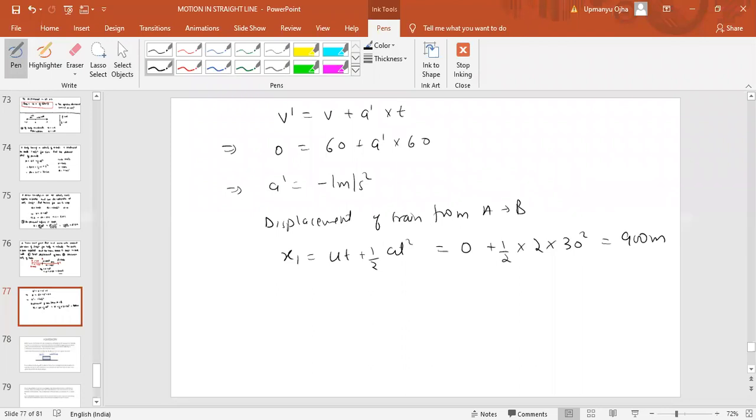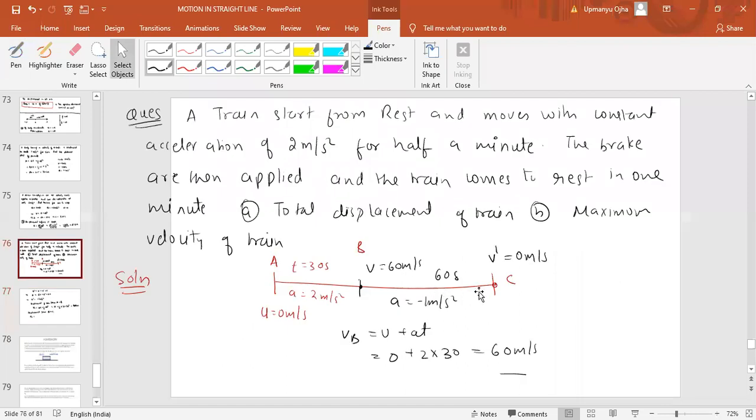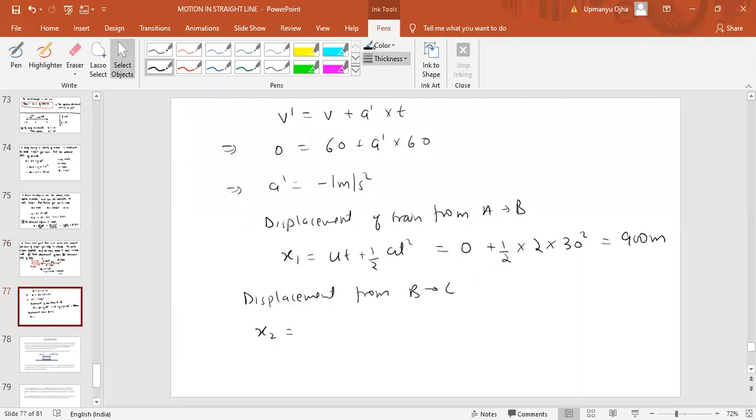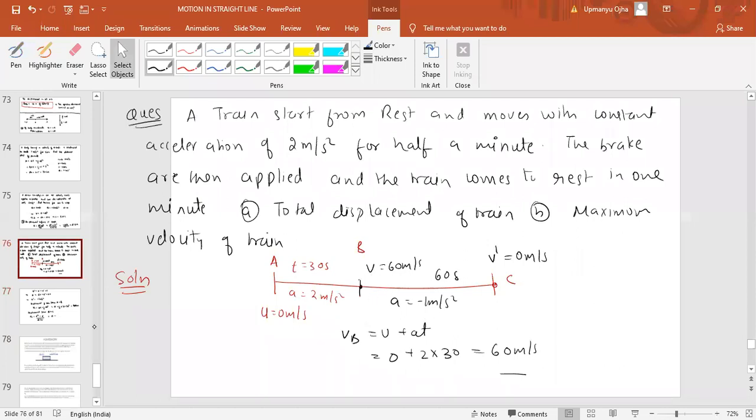Okay, fine. Next, displacement from B to C, say x2. Now again, for x2, can we apply this equation that final velocity square, v' square, minus initial velocity square, v square, equals 2 into a'? Can we apply this or not? Now v' square is 0 minus initial velocity, which is 60 meter per second.